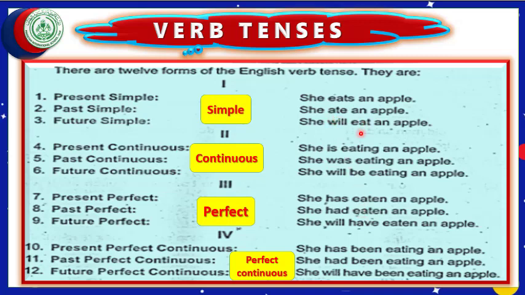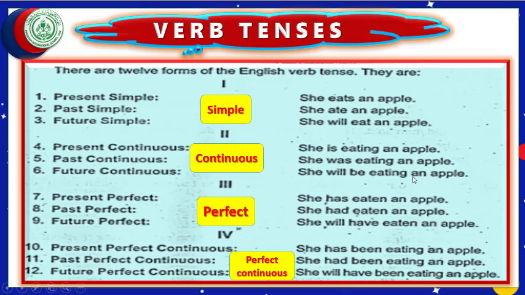Will eat becomes will be eating and will have eaten. In the same way, in perfect continuous aspect, present perfect continuous, the verb becomes has been eating, had been eating, will have been eating.